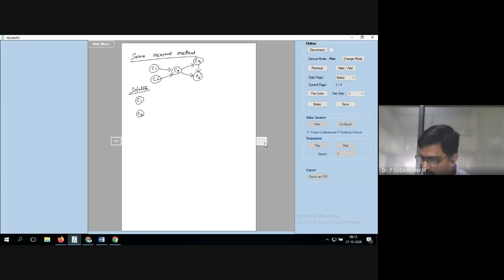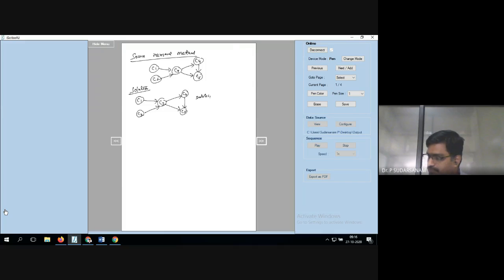C1, C2, C3, C4, C5. Right. Which one you don't have the in-degree in this? First is the C1. Normally we'll take C1, C2 is there. Anyone you can take. I'll tell for this C1. Delete C1.